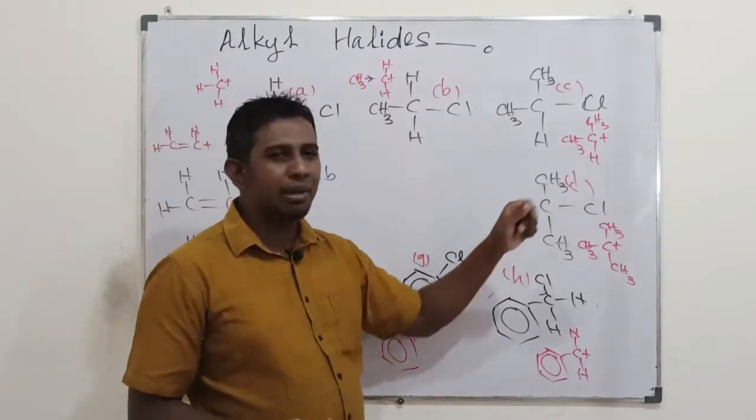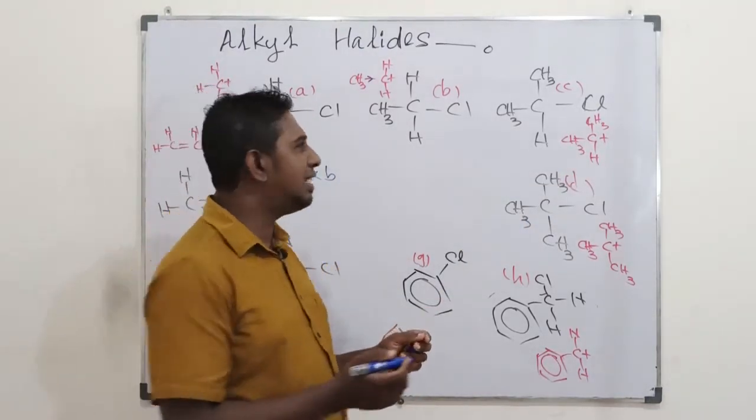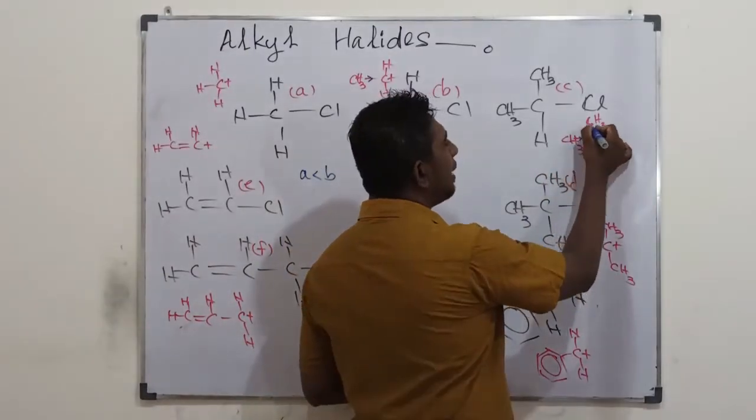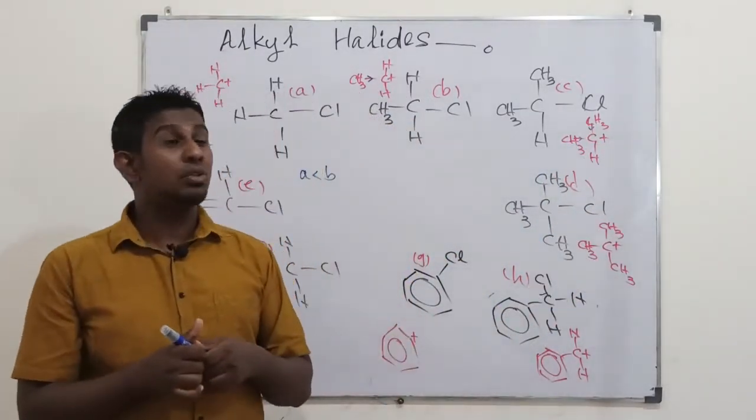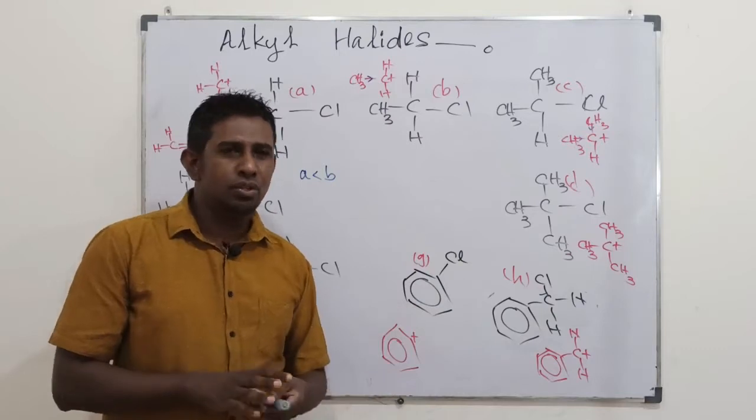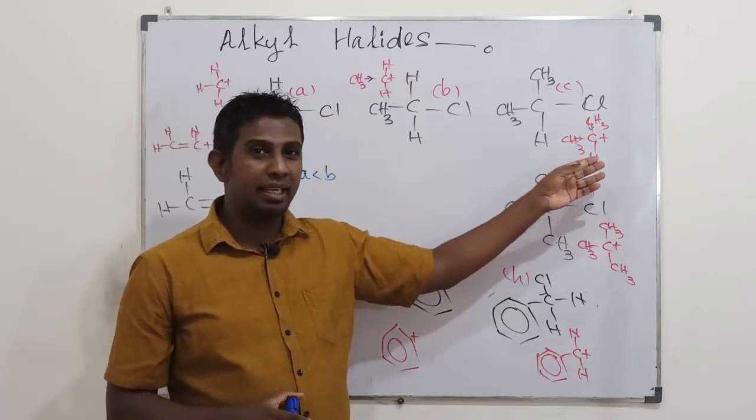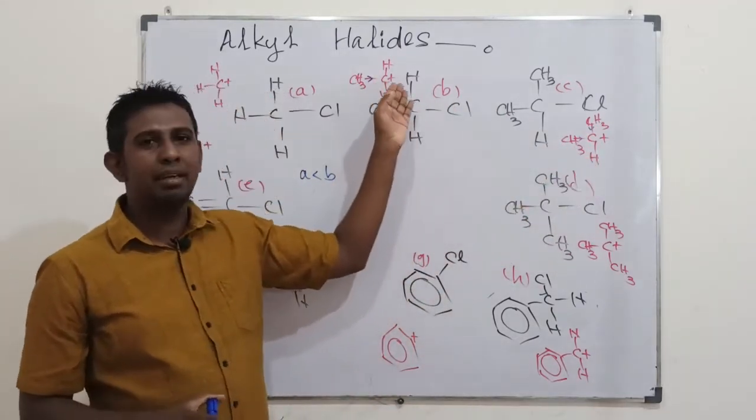When you compare this carbocation, students, it has two alkyl groups. Therefore, there are two electro-repelling alkyl groups. So the secondary carbocation here would be more stable than the primary carbocation.